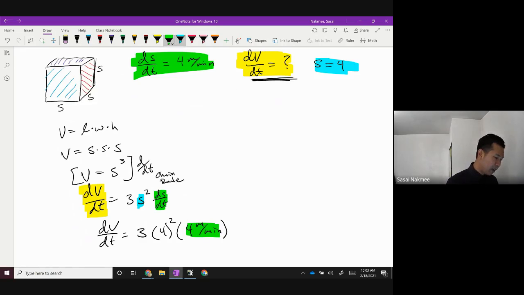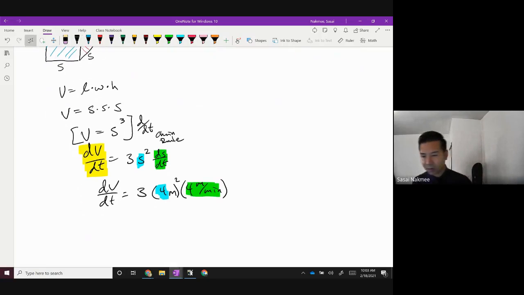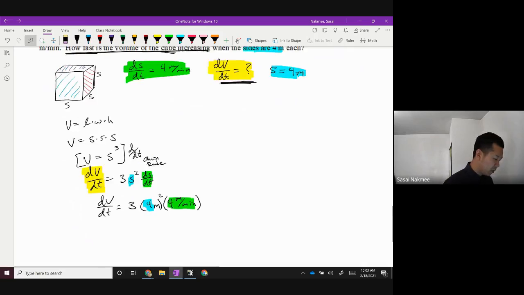And this 4 comes from the fact that they tell us that, by the way, this is 4 meters. You don't need to put down units, but units are nice to help you see what your final units are going to be, because this one is actually going to be a little bit different.